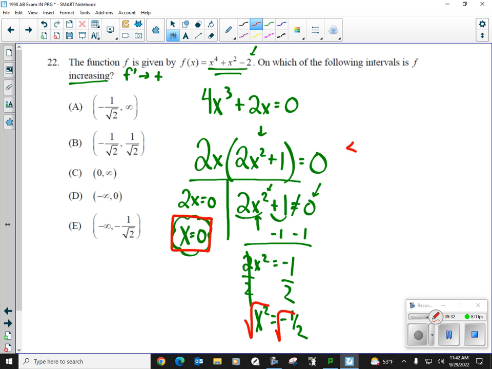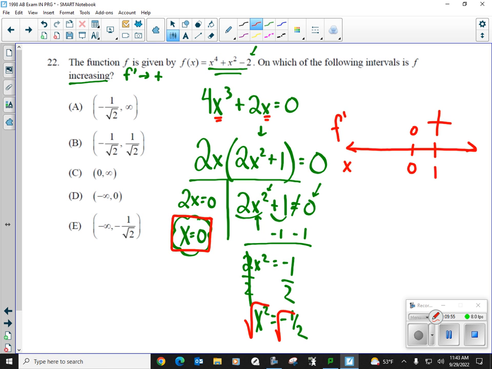So let's just create a little chart right here. So when my x is 0, that's when my first derivative is 0. And let's pick a number on both sides to put into our first derivative. Positive 1. Okay? If I put a positive 1 here, that's 4 times 1, plus 2 times 1. Okay, that's a positive value.